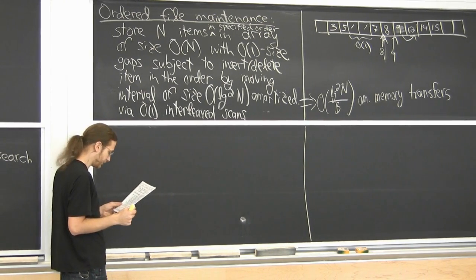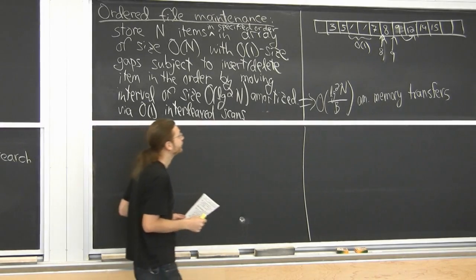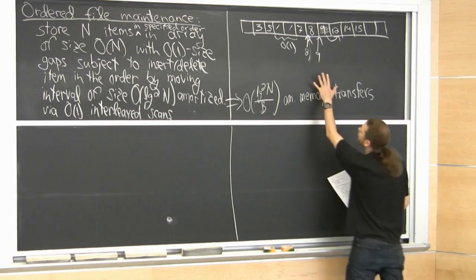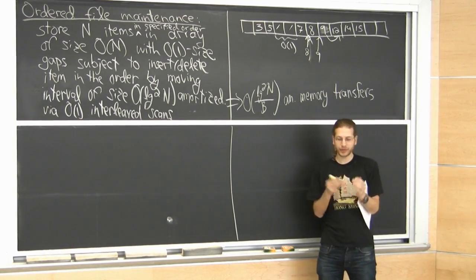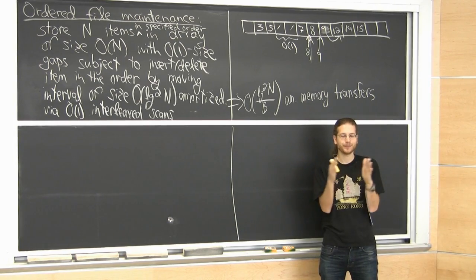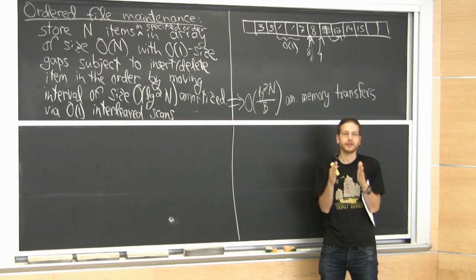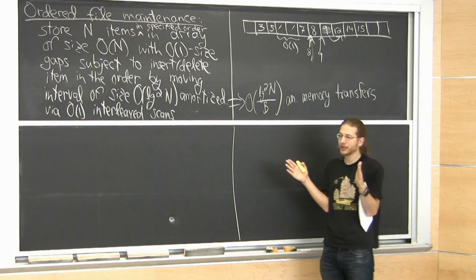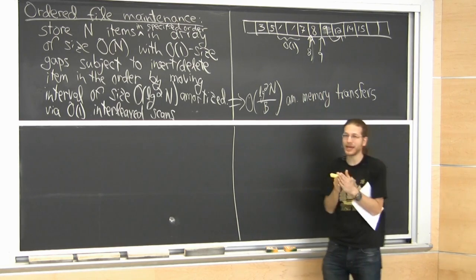Now let me tell you how this is going to work. So a rough idea is very simple. You have your array. And when you insert an item, what we want to do is find an interval containing that item of some reasonable size that's not too full and not too sparse. Like right here when we're inserting 9, it looks really bad right around there.